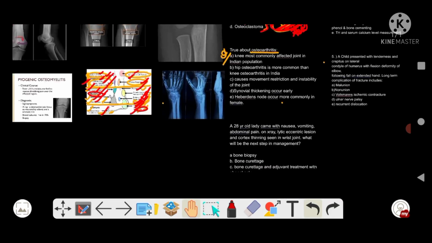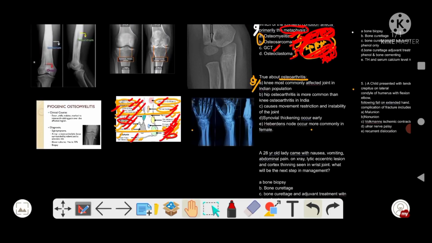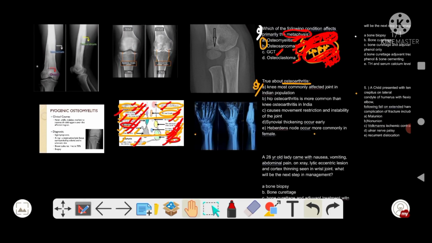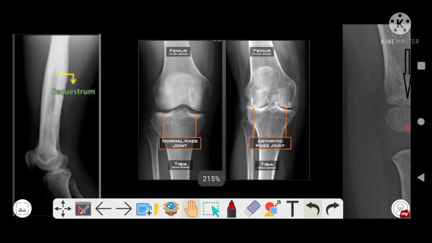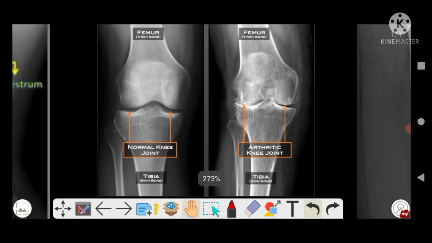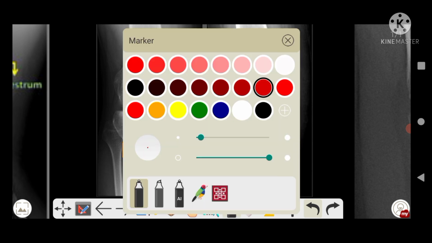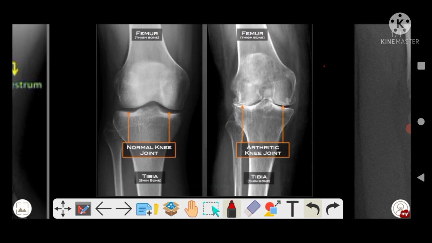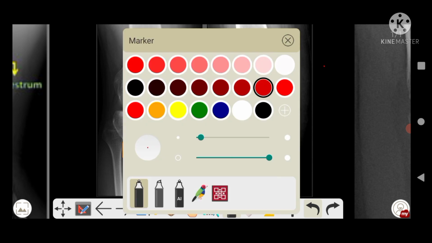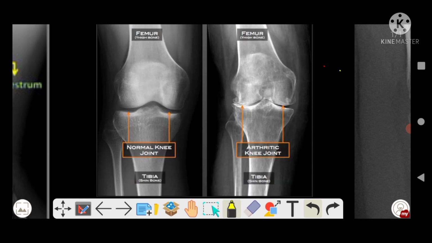Let us see the X-ray, right? This one is what I was talking about, correct? So see, this is your normal knee joint, correct?